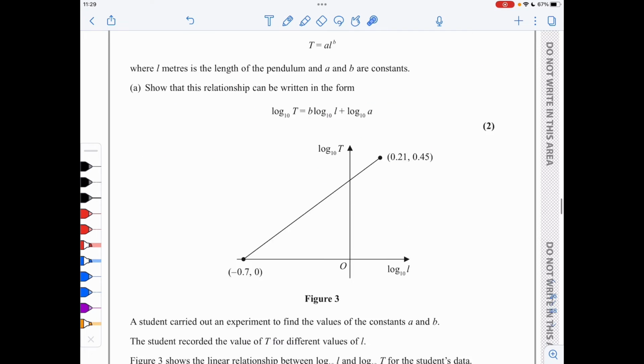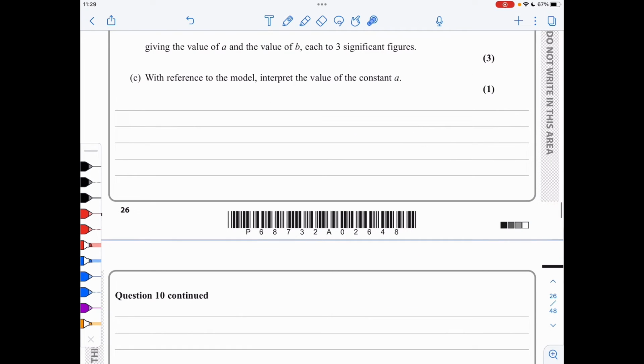So I will actually start by writing out the model given. We have that capital T is A L to the B. I will take log base 10 of both sides. So log T is log of A L to the B base 10.